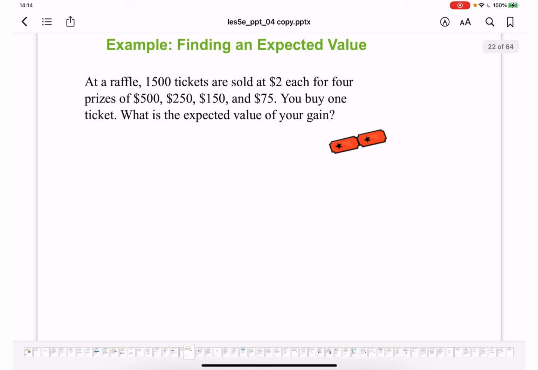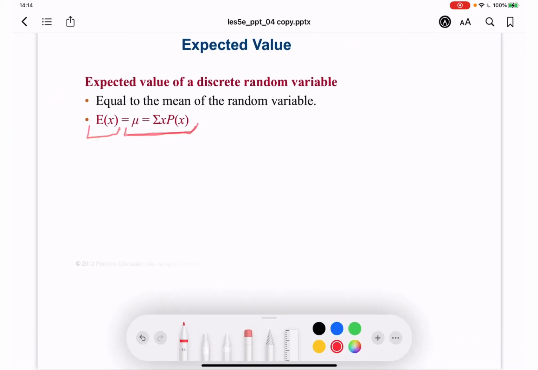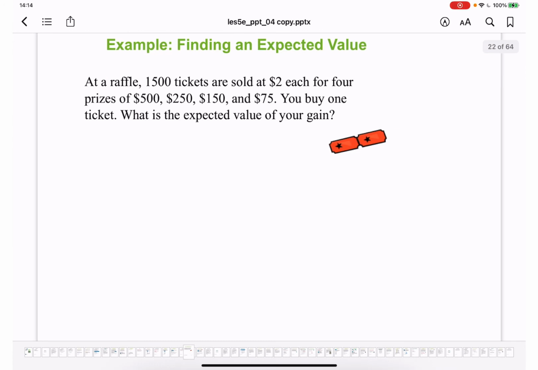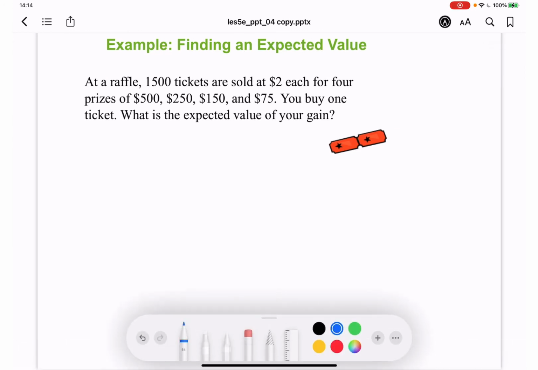We have a raffle with 1,500 tickets total, sold for $2 per ticket.